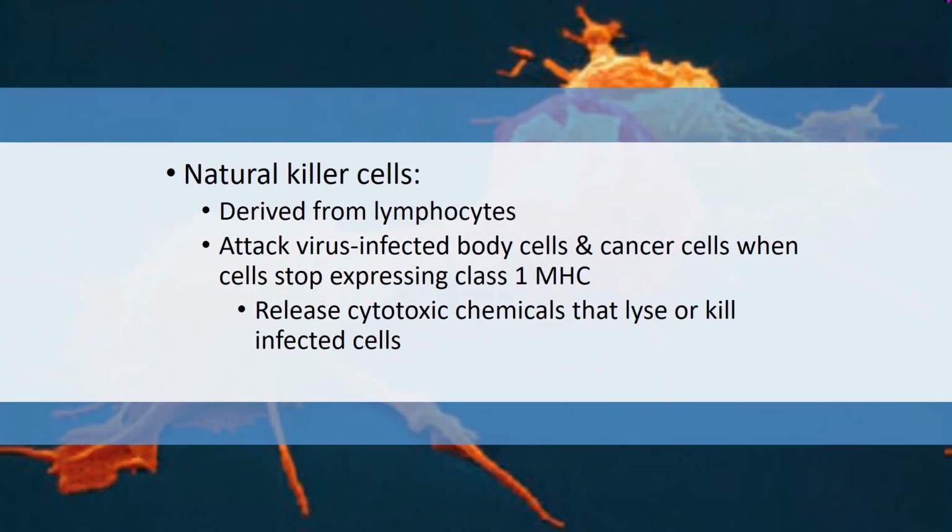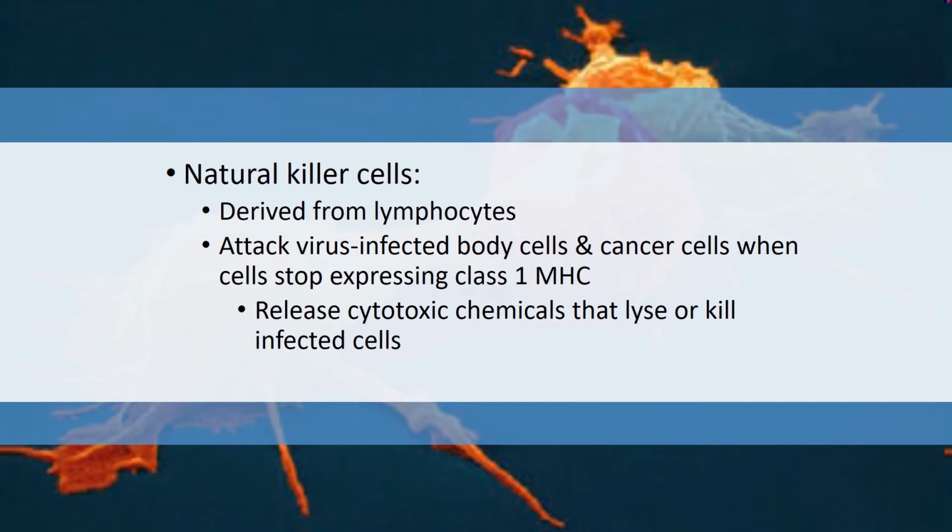A few other types of cells that don't quite fit the mold for being white blood cells, but are still active within the innate immune system, are going to be the natural killer cells. Natural killer cells are going to be derived from lymphocytes and are responsible for attacking cells that are infected with viruses.